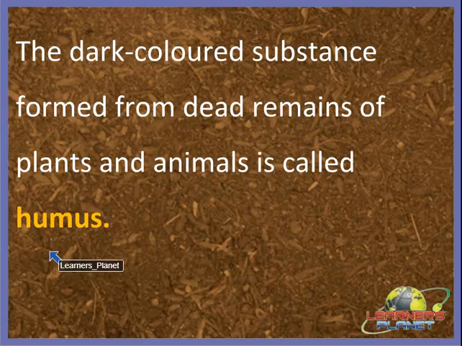And what is humus? It is the dark colored substance formed from dead remains of plants and animals. As you can see in the picture, this is a picture of humus.